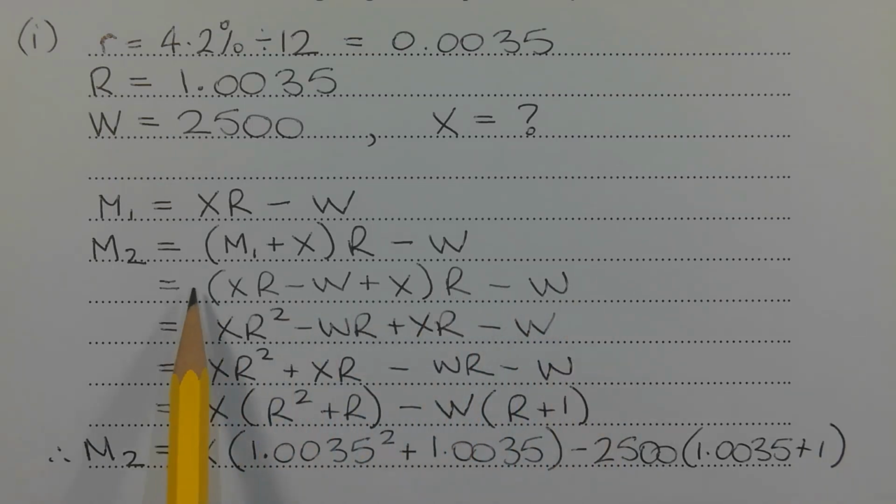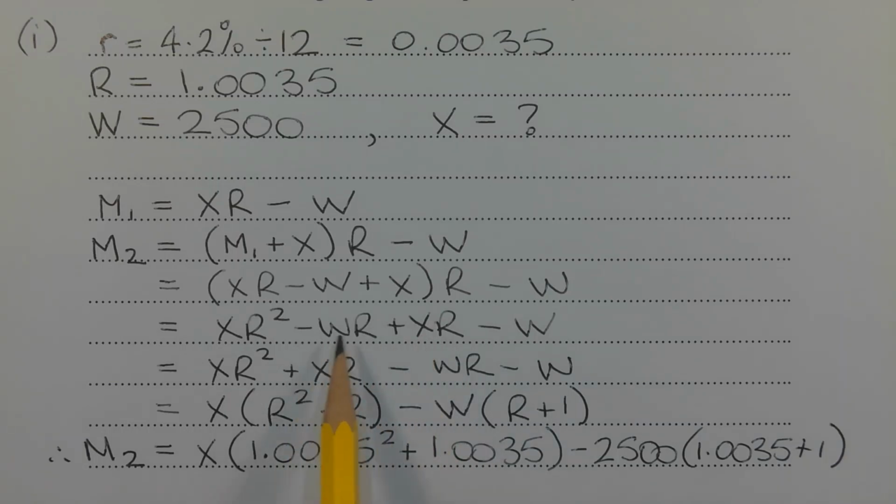Now, expanding the brackets here, we get M2 is equal to XR squared minus WR plus XR minus W. Now, what I'm going to do next is switch these two terms around, and there's a good reason for that. Later on, we're going to factorize by grouping in pairs, so I'm going to group the X's together and the W's together.